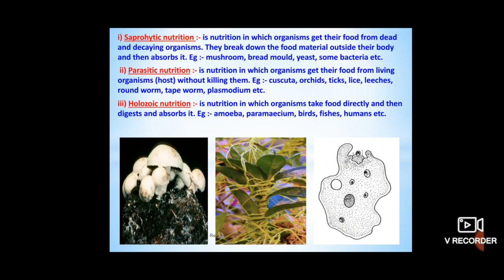See here, heterotrophic mode of nutrition means, as we already know, organisms that do not have the capacity to prepare their own food. These are heterotrophs, and they directly or indirectly depend on other organisms for their food and nutrients.